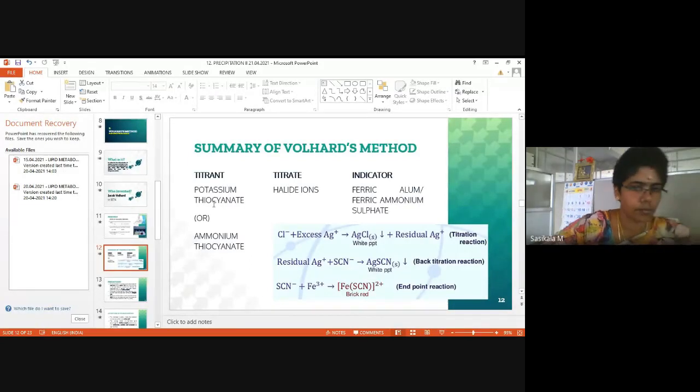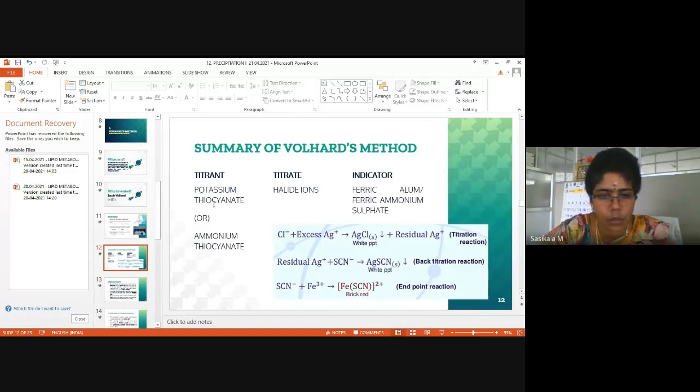Thiocyanate, potassium or ammonium thiocyanate. What is the titrate? What type of ions can be analyzed? Halide ions. Indicator is ferric alum, otherwise called ferric ammonium sulfate.